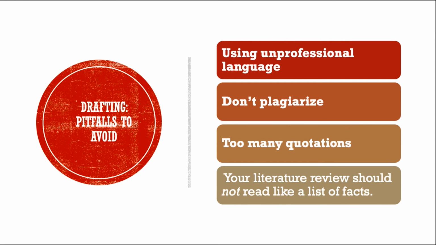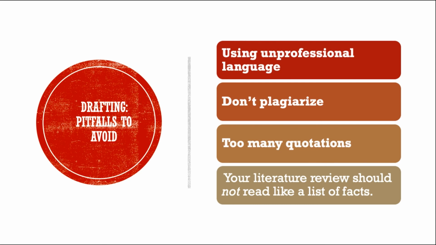But if there are too many without any further discussion from you, then what is your job? The whole literature review looks like all direct quotations. That is something you need to avoid. You use quotation only if it is necessary, for example, a definition constructed in a way that if you rephrase it, the meaning will be changed. So you have to keep it as it is.